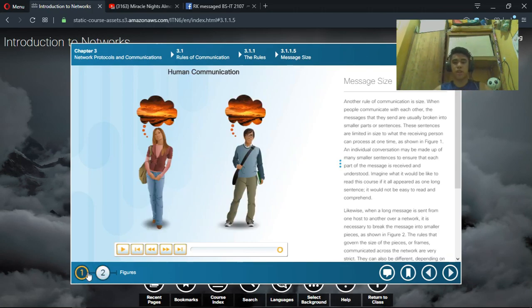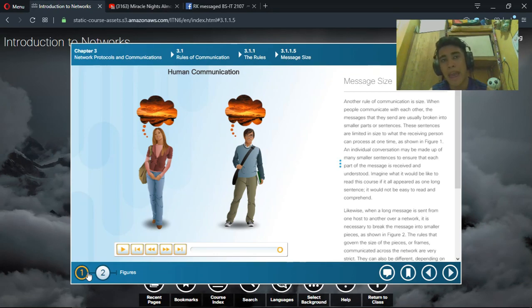The size matters when sending a message. Why? Because if you are so fast in talking and you talk a lot, it may cause some misunderstanding with someone you're talking to.